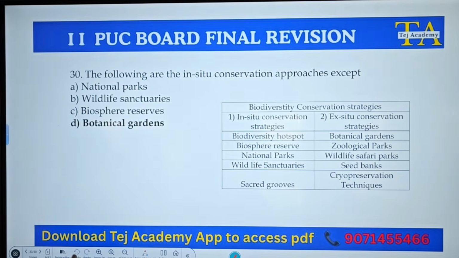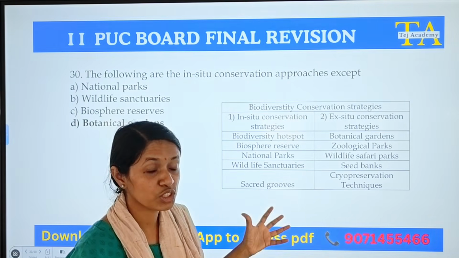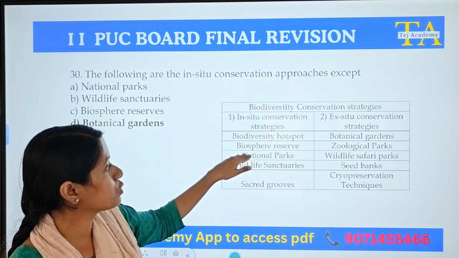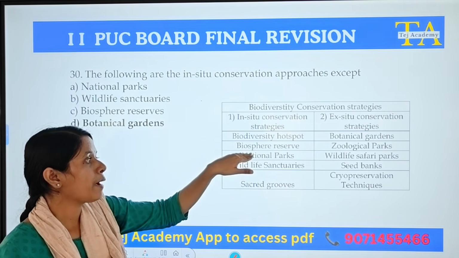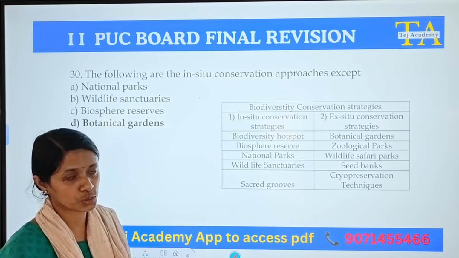But how do you get to know which is the in situ conservation strategy and which is the ex situ strategy? So here is a table that will make your understanding much more clear. In situ conservation strategy includes biodiversity hotspot, biosphere reserve, national parks, wildlife sanctuaries, sacred groves.